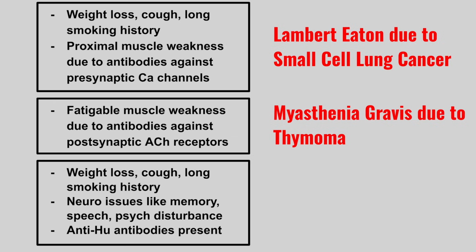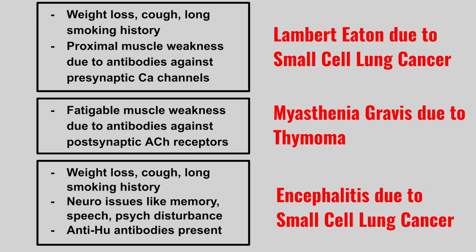This is myasthenia gravis due to thymoma. Now we have weight loss, cough, long smoking history, and the patient has neurological issues like memory, speech, psych disturbances, and anti-Hu antibodies are present. This is encephalitis due to small cell lung cancer.